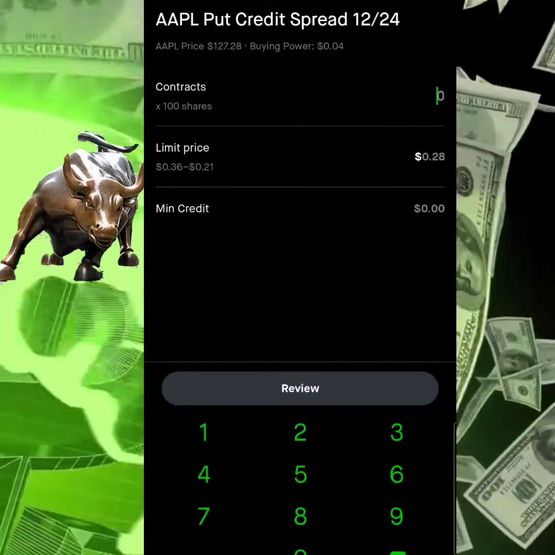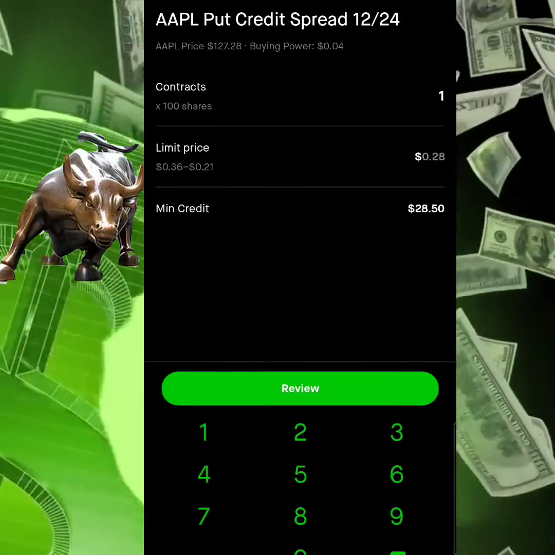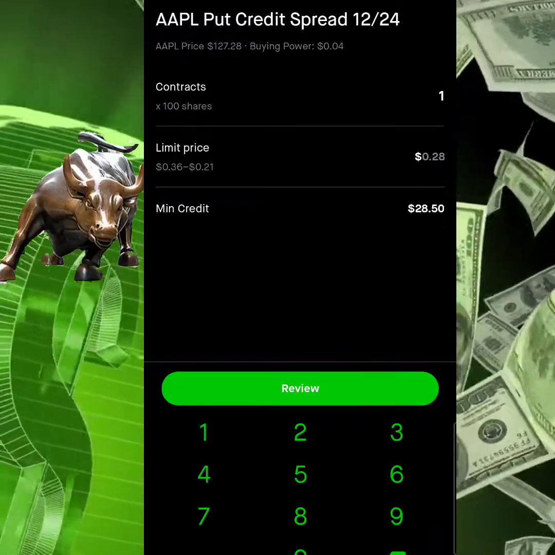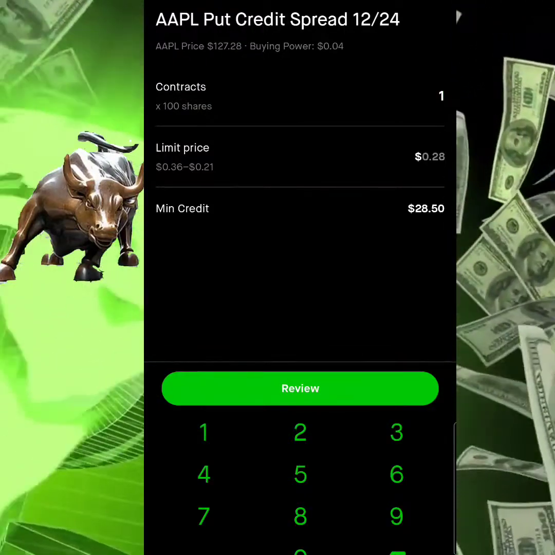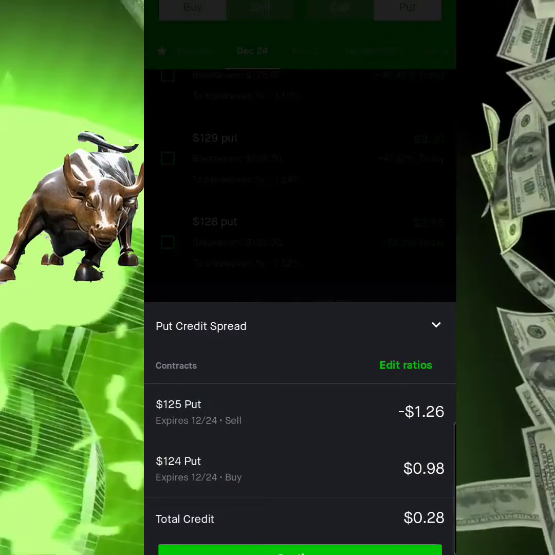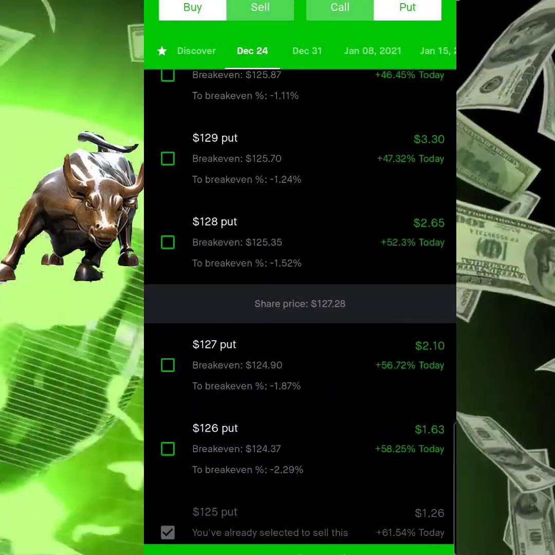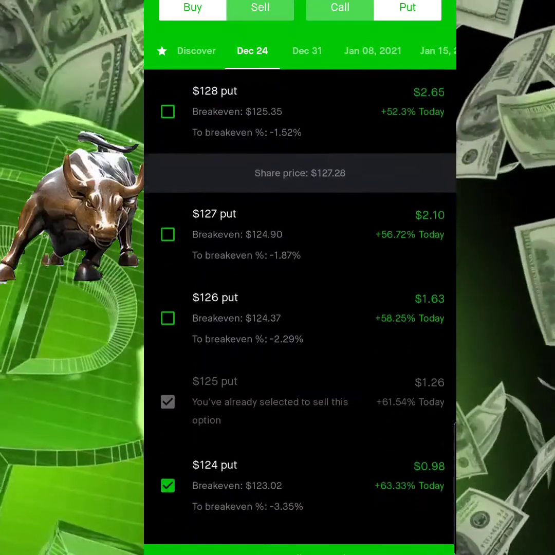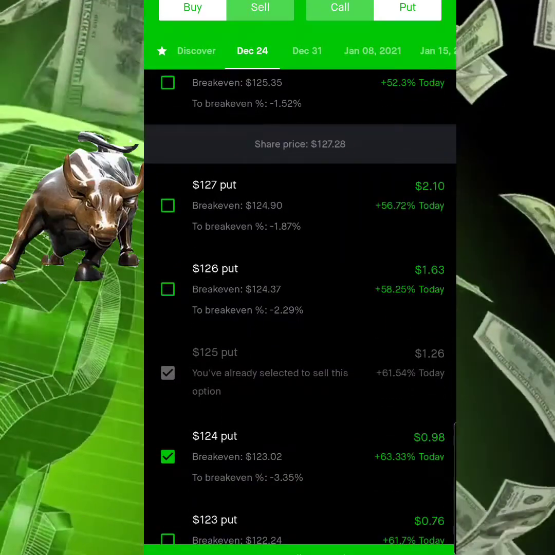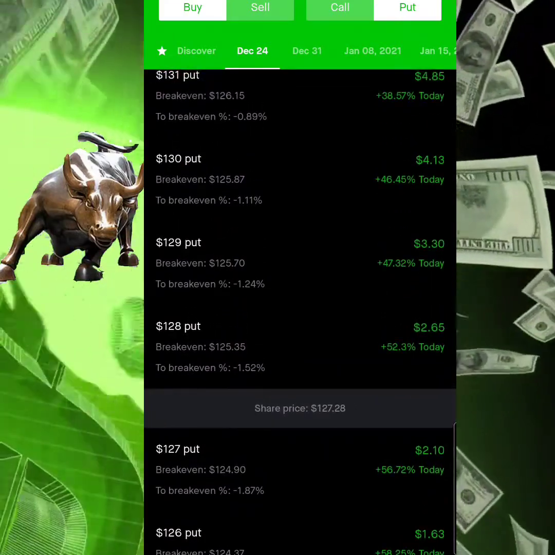You may say to yourself, oh, that's not a lot of money. But let me ask you this. If you're hitting singles and doubles, and not home runs, you're still being effective. And that's what we want to do in the stock market. We don't want to be greedy. I'll take the $28 at the end of the week. All you do, by doing this, you're putting up $100 as collateral to make the 28.